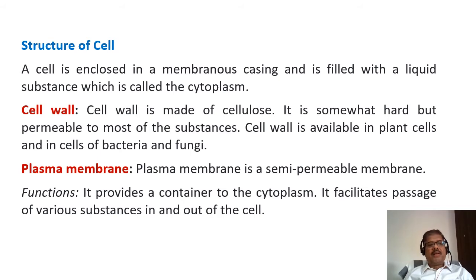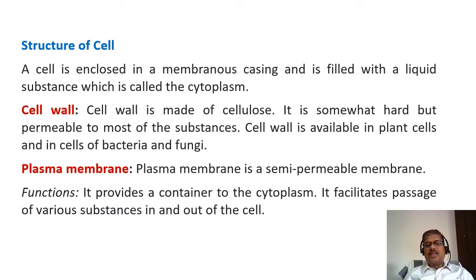Structure of a cell. A cell is enclosed in a membranous casing and is filled with a liquid substance which is called the cytoplasm. The cell wall is made up of cellulose. It is somewhat hard but permeable to most substances. The cell wall is available in plant cells and in the cells of bacteria and fungi.